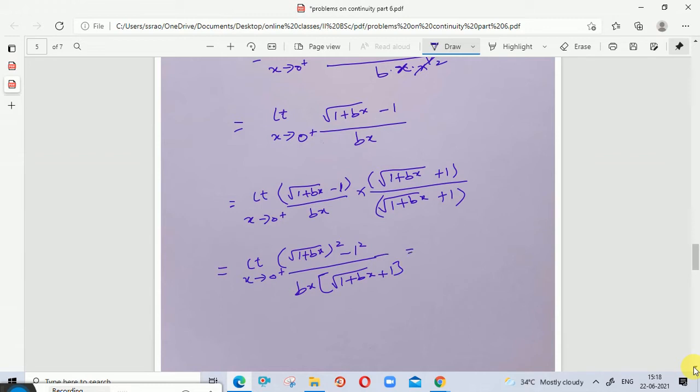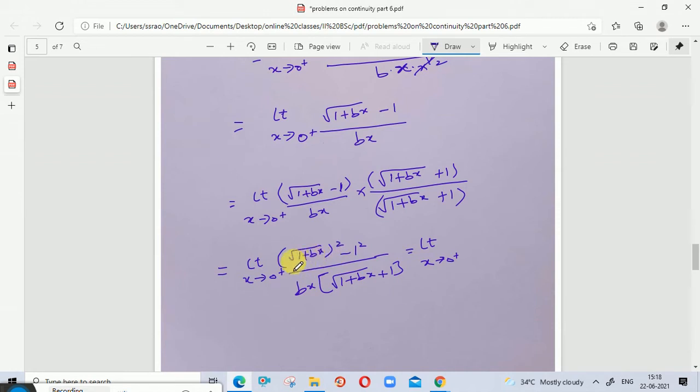So that is equal to limit x tends to 0 plus, here root of 1 plus bx whole square.